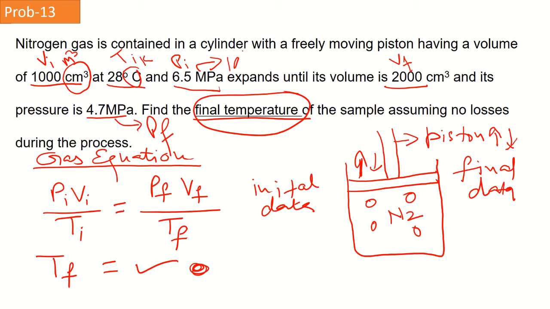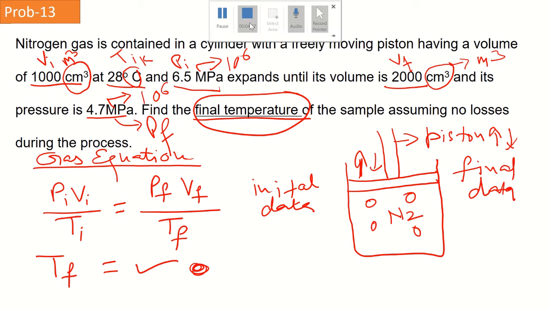Mega is 10 to the power 6. Here also the centimeter cube you have to change to meter cube, then you can use it, and everything is okay. So by using this formula you can find the answer.